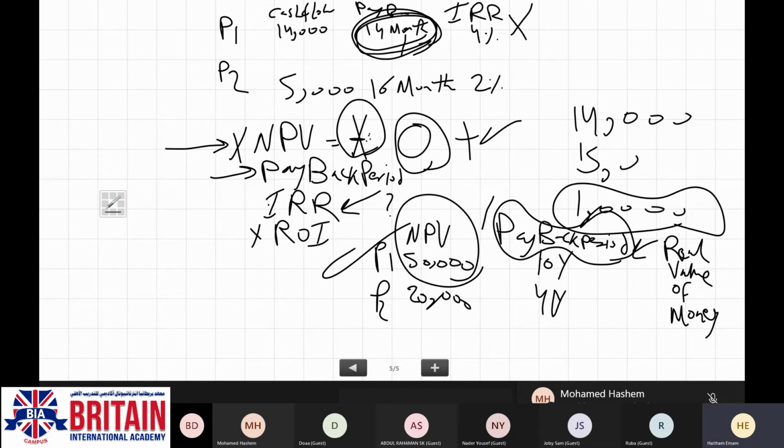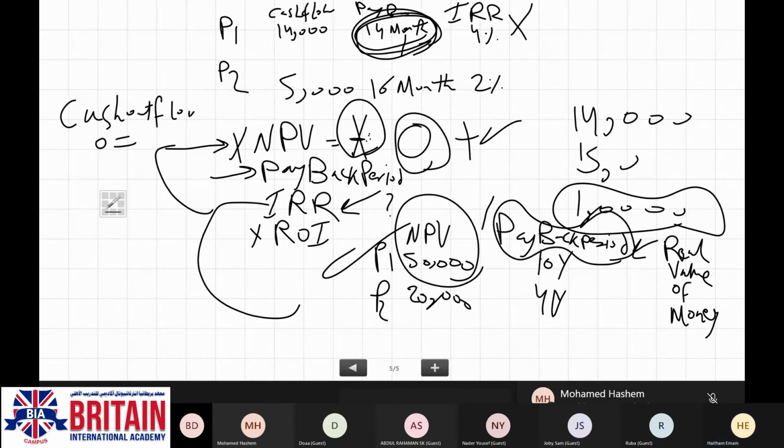And the IRR can be described as that discount rate which will make the NBV equal 0, which means the cash outflow, or the amount which you have invested in your project, will be equal to the cash inflow. Again, it is the discounted one. The cash outflow equals the cash inflow.